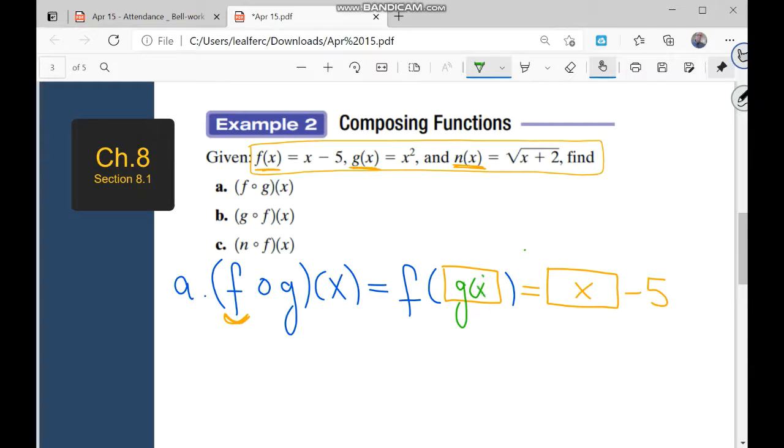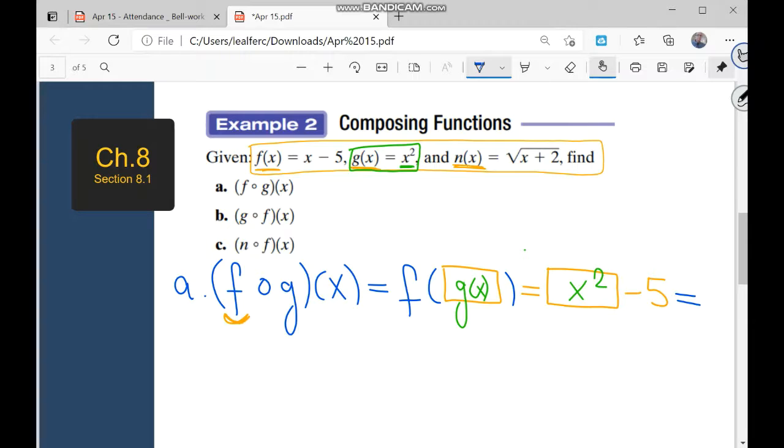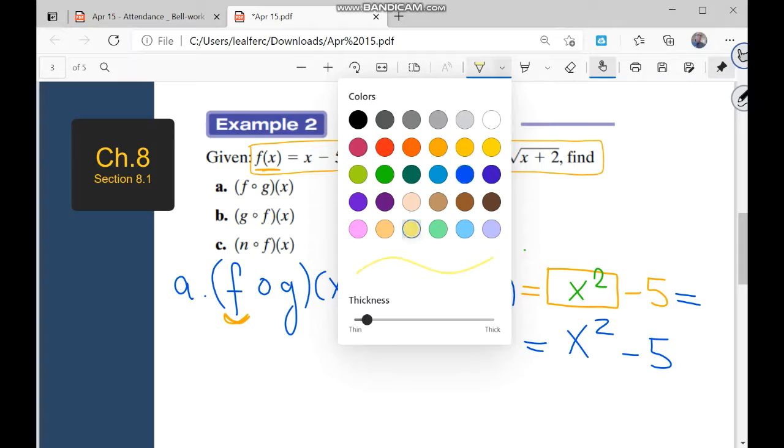So instead of x, we're going to substitute it by g of x. So erase this x here, and we're going to substitute it by g of x, which is x squared. That means this is going to be the answer. F composed with g of x is equal to x squared minus 5. That is the right answer.